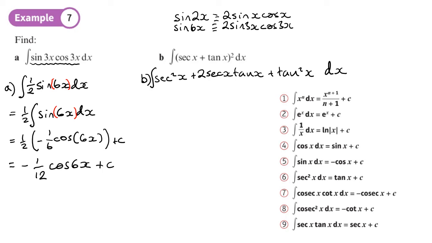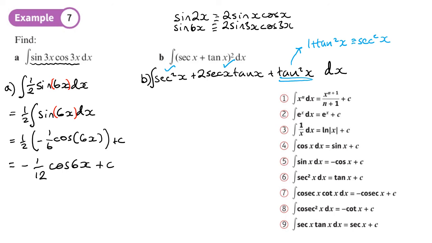Sec squared x, that's fine, I can integrate that. Sec tan, that's fine, that's in the list. The tan squared, well, I can use 1 plus tan squared and change that into sec squared. In fact if I change this to sec squared, I can then put it onto that. Anyway, let's see how we go.